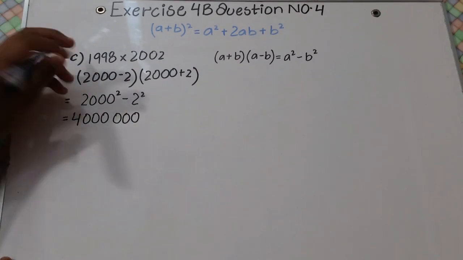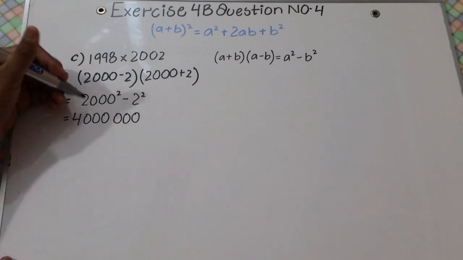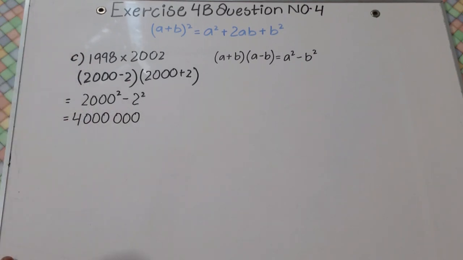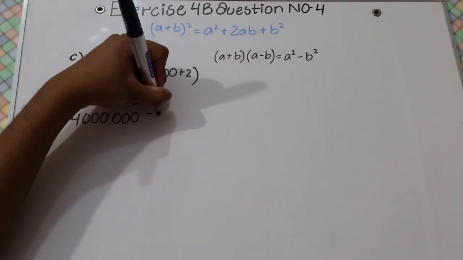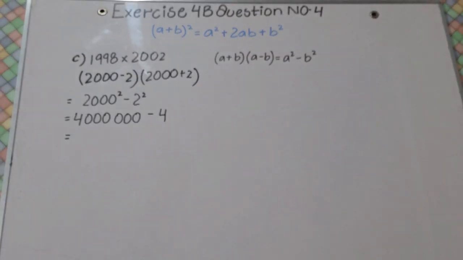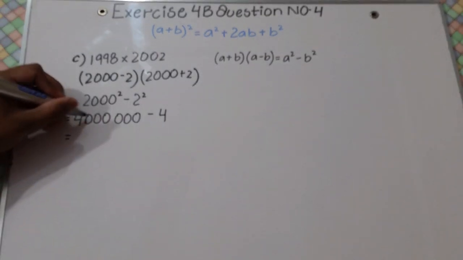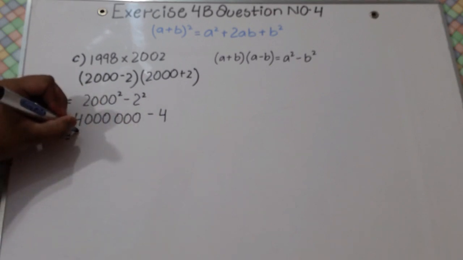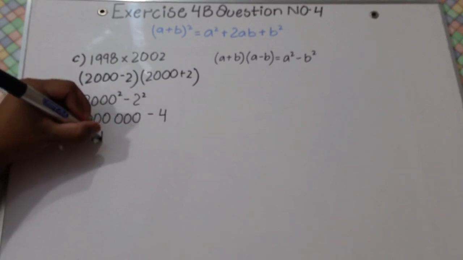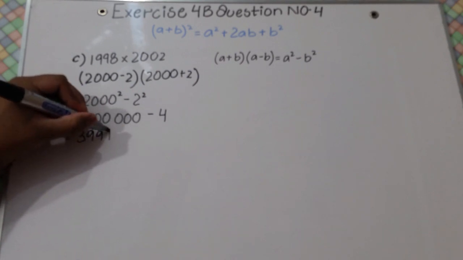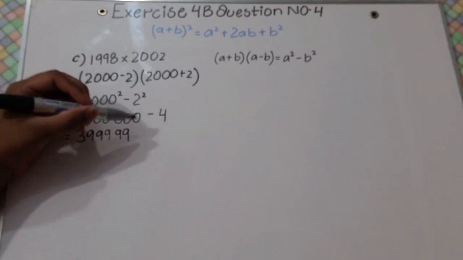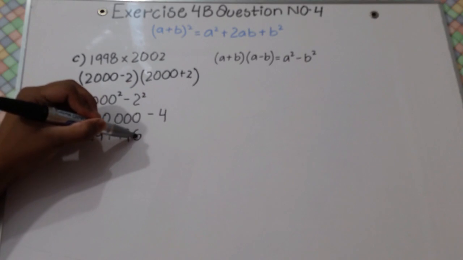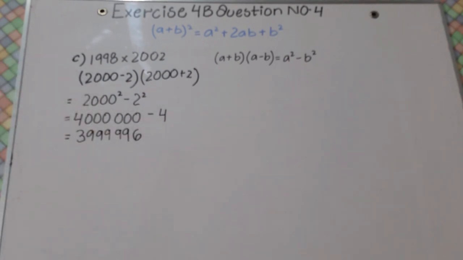So 6 zeros will be there now, because 3, if we double it, would be 6, and 2 square is 4 obviously. Then minus 2 square, which is 4. Then we subtract from this value, so it would be 3,999,996. This would be the final answer for question number 4, part C.